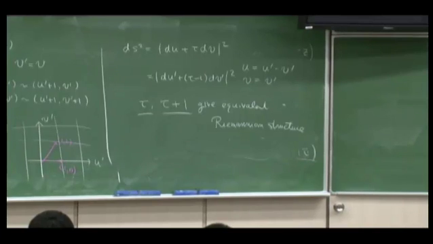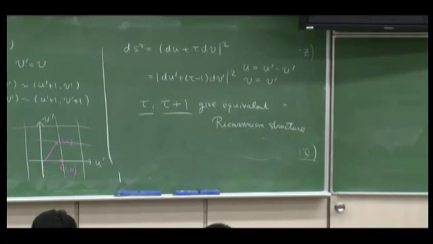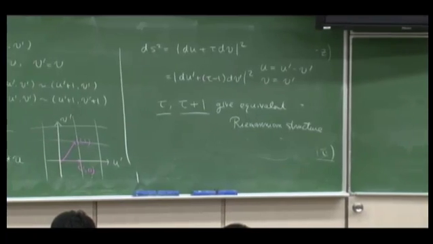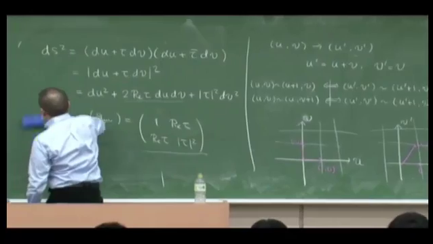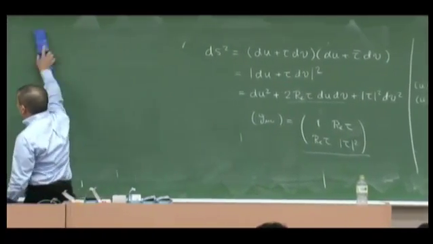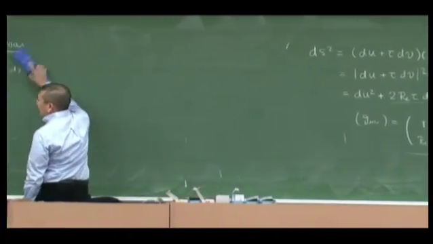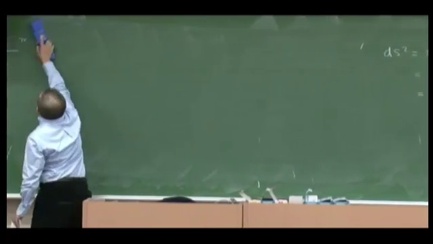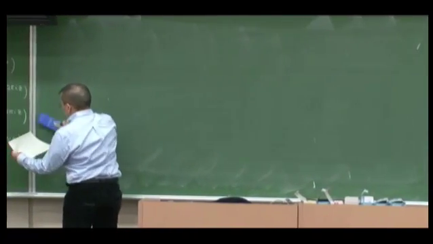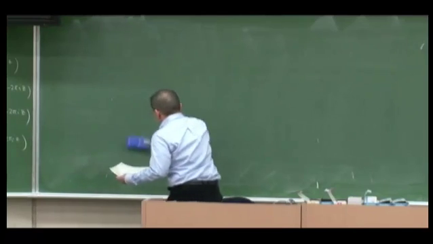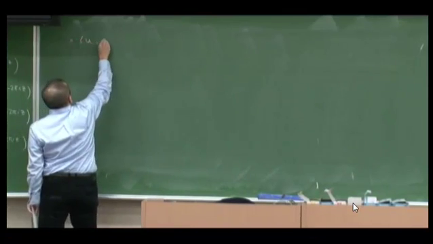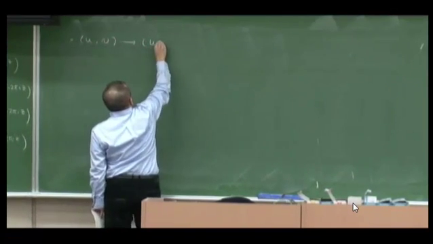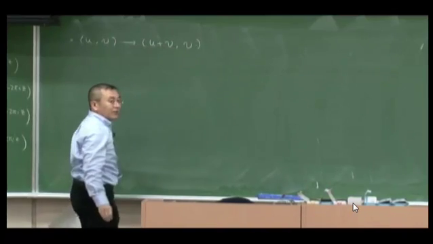Okay, well, that's another way to understand it. Now I'm going to give you one more operation that maps this lattice into the same lattice. So I'm going to the left of the blackboard. Previously we considered u, v going to u plus v, right?